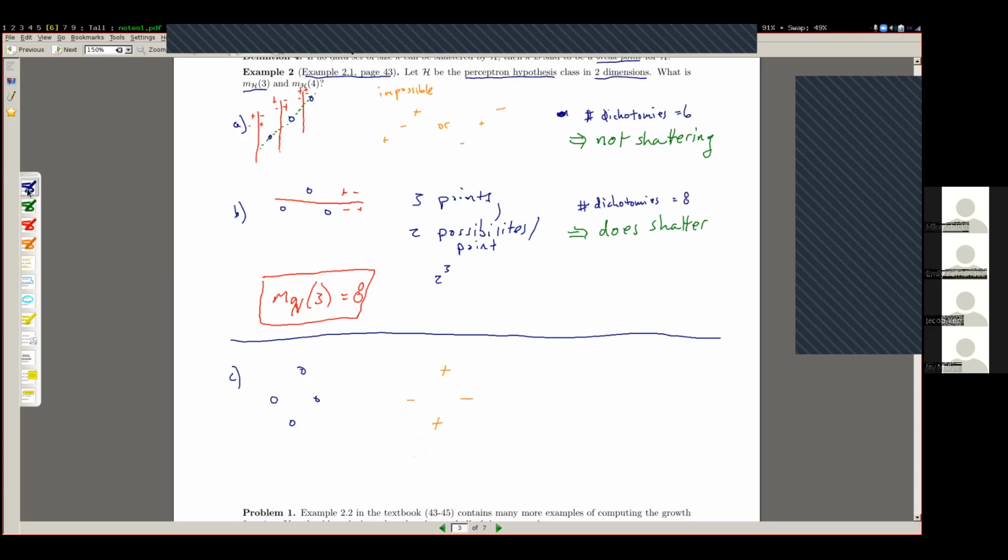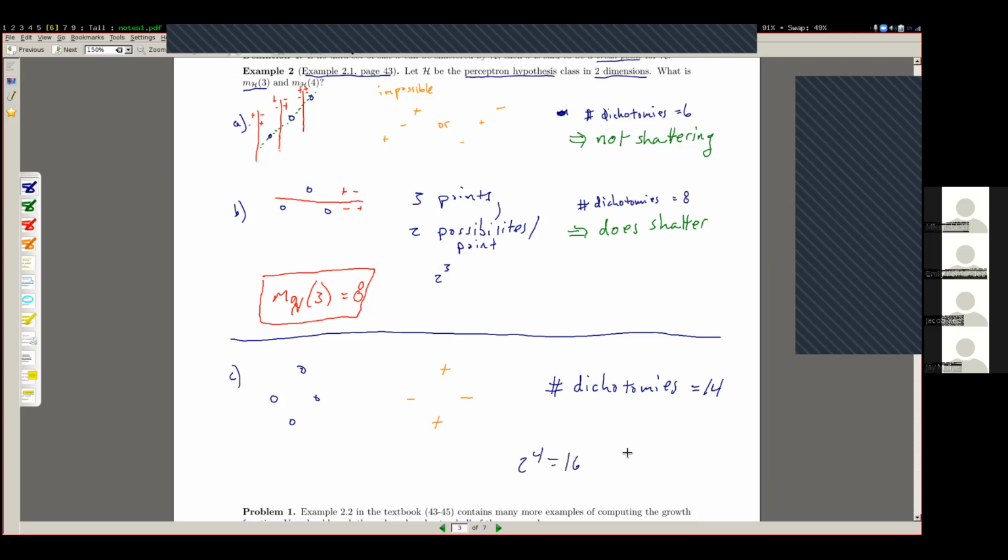If you sat down and worked out all possible cases, you'd see that the number of dichotomies here is going to be equal to 14, and the maximum number, 2 to the 4th, equals 16.